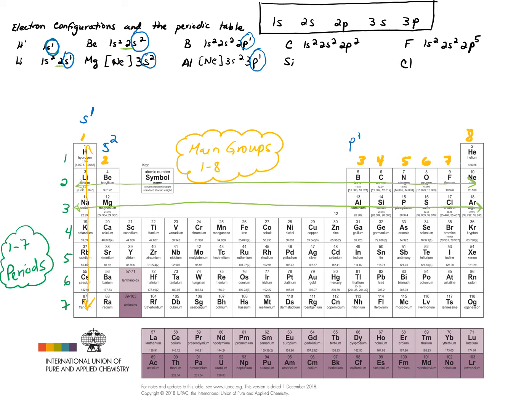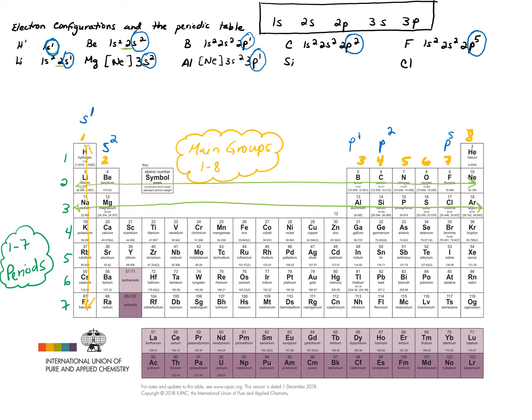So for carbon we have p2, and for F we have p5. So I'm going to go ahead and write down here carbon group 4, it's p2, and F group 7, it's p5. I'm not giving you anything for nitrogen or oxygen or anything on the last group in the periodic table.